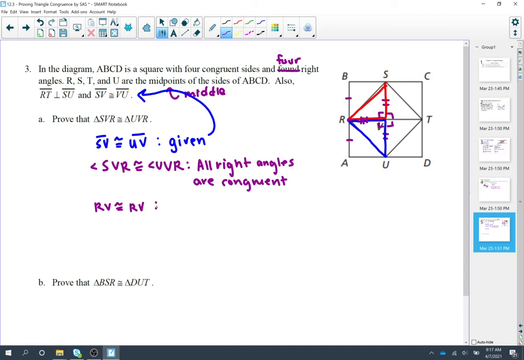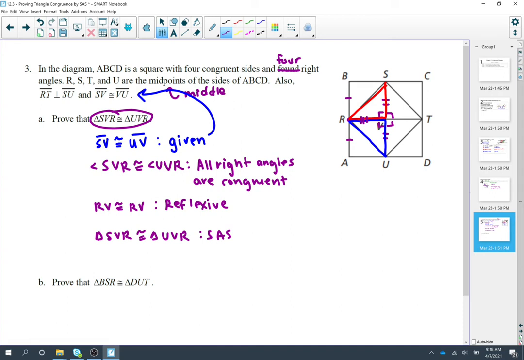So RV has to be the same length as RV, and that is the reflexive property. So my last statement here is going to be that triangle SVR is congruent to triangle UVR, and the reason is because of the side angle side congruence property.